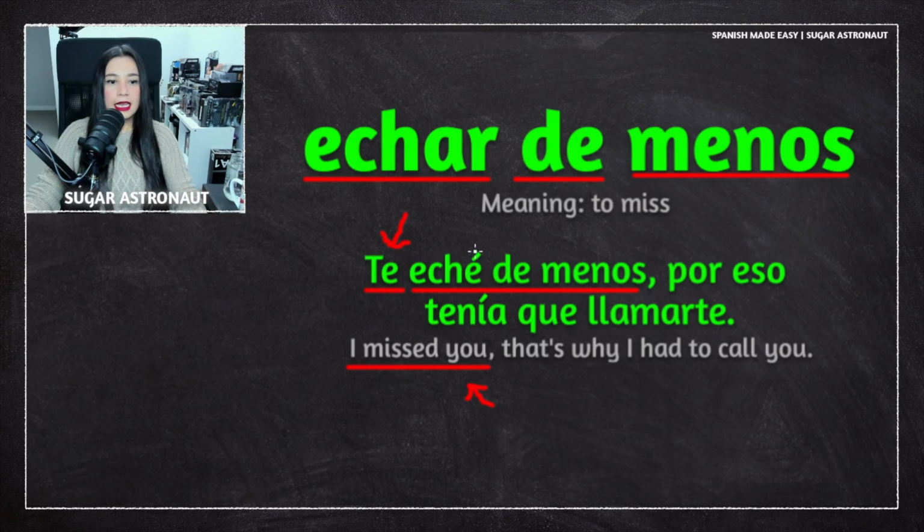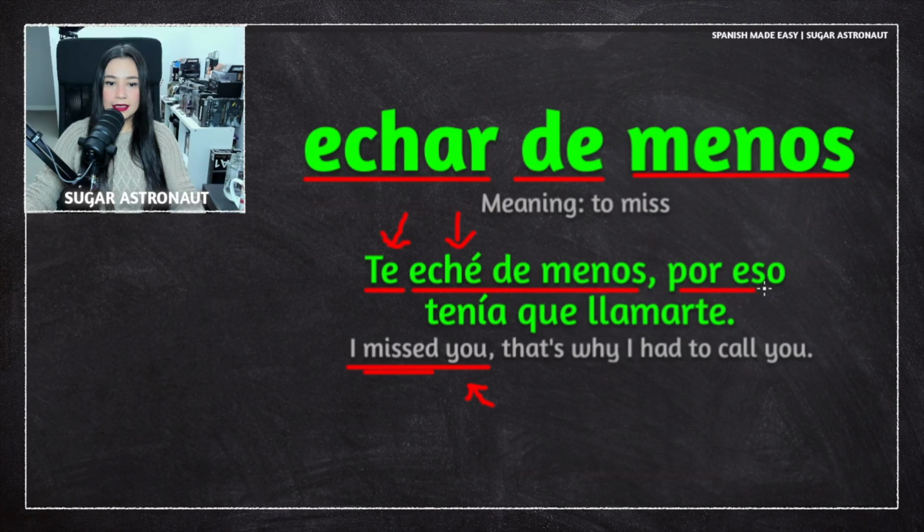You don't need it. And eché de menos, we conjugated this verb here, echar, in the past tense. Yo te eché de menos. I missed you. So this whole phrase means missed. Eché de menos, missed. Okay, so that part is very clear.